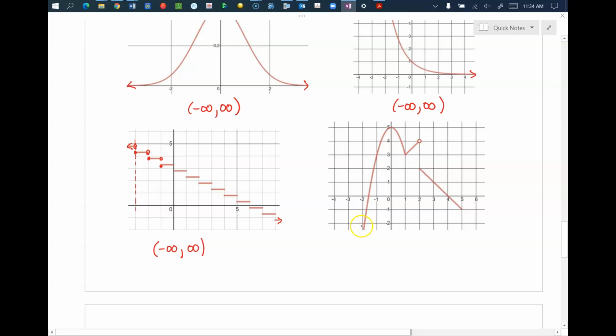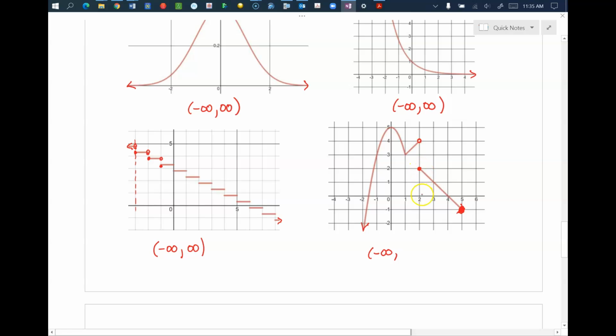And now the last one. Again, arrow here, arrow here. Oh no, no arrow there. My apologies. Solid circle there. So our domain, our set of input or x values, is going to go from negative infinity to positive 2 is where the graph has this discontinuity, and the function does not exist up there at that open circle, but it does down here.